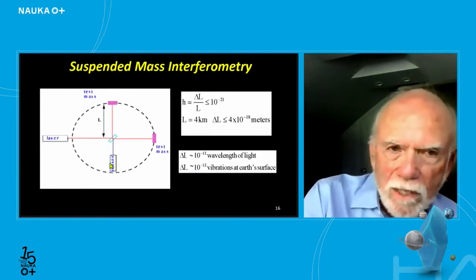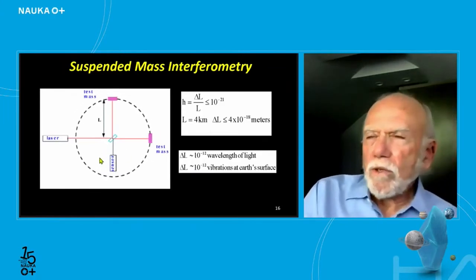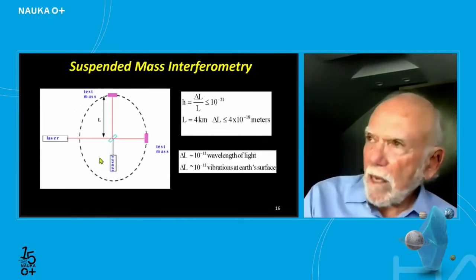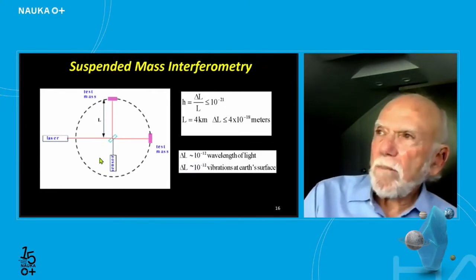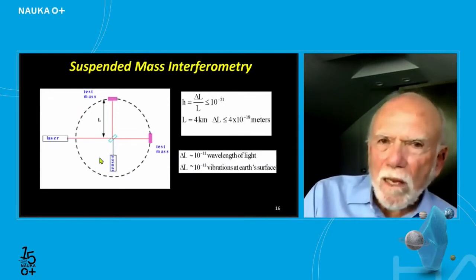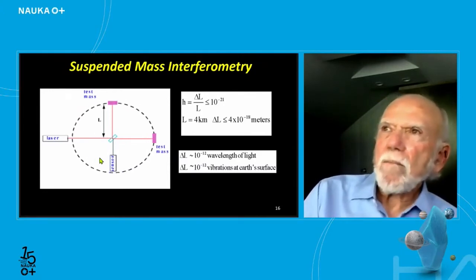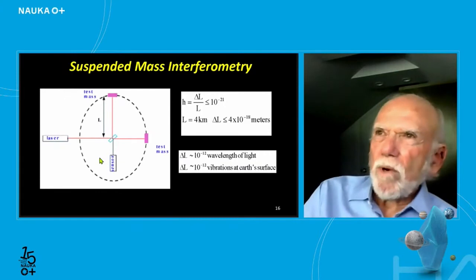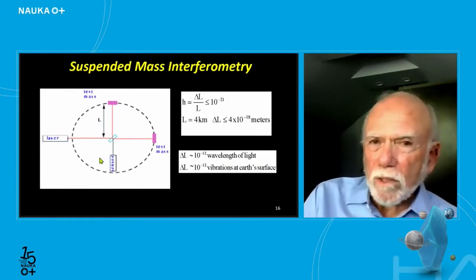And so I have a little sensor that senses that. If the two lengths are exactly the same, they cancel. If the lengths become slightly different from each other, they don't quite cancel. We see that in our sensor, and that's, in a simple-minded way, the way interferometry works.